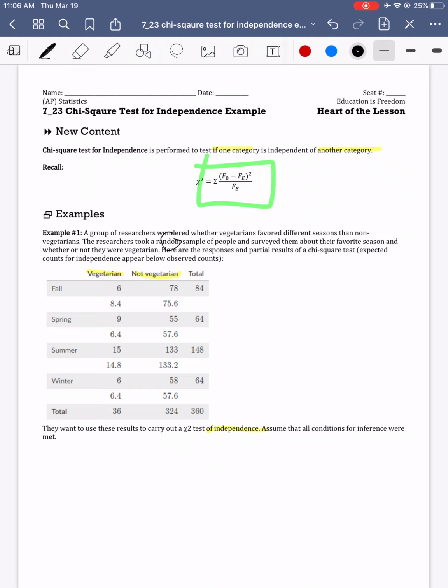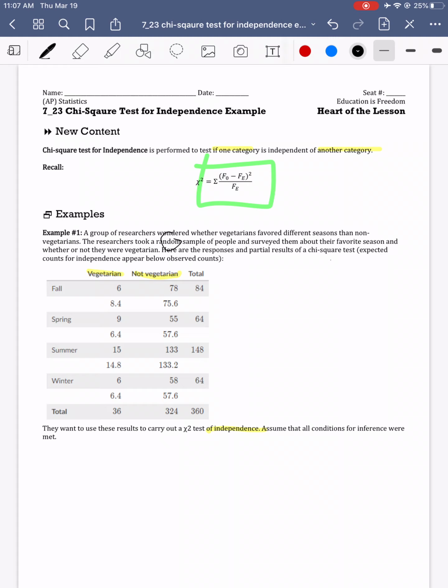Again, in our AP exam, in the multiple choice, it's really not going to matter if it's independence or homogeneity unless they ask you about your hypotheses. Really, the only thing that they care about is, are you able to calculate the test statistic? And we do that the same way for both homogeneity and independence. So honestly, it's not going to matter unless they ask about the hypotheses, which they rarely do.